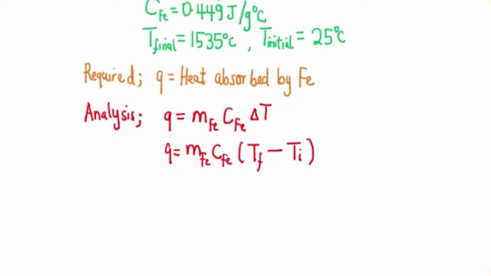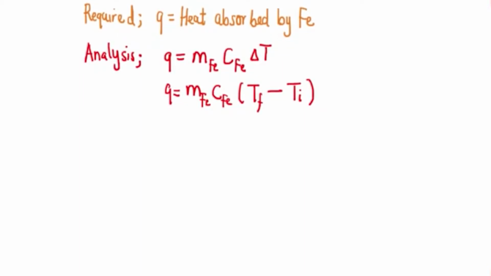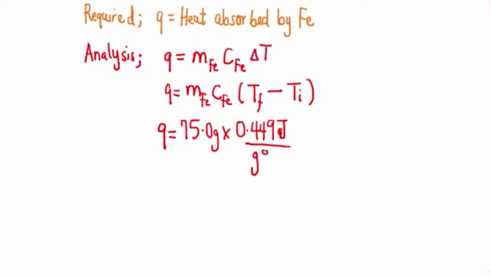So in this part, what we come up with is 75 grams multiplied by 0.449 joules per gram per degree Celsius for the specific heat capacity of iron, and then for the temperature change, we know the final temperature to be 1535 degrees Celsius minus the initial temperature, which is 25 degrees Celsius.